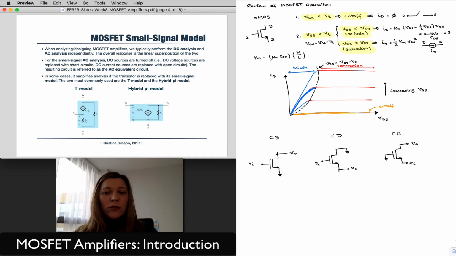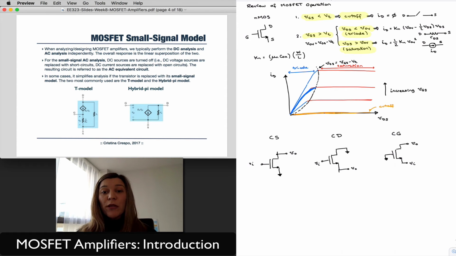We mentioned in one of the videos last week that when we are analyzing or designing MOSFET amplifiers, we're going to use the principle of superposition, which basically entails splitting our analysis into a DC portion and an AC portion.